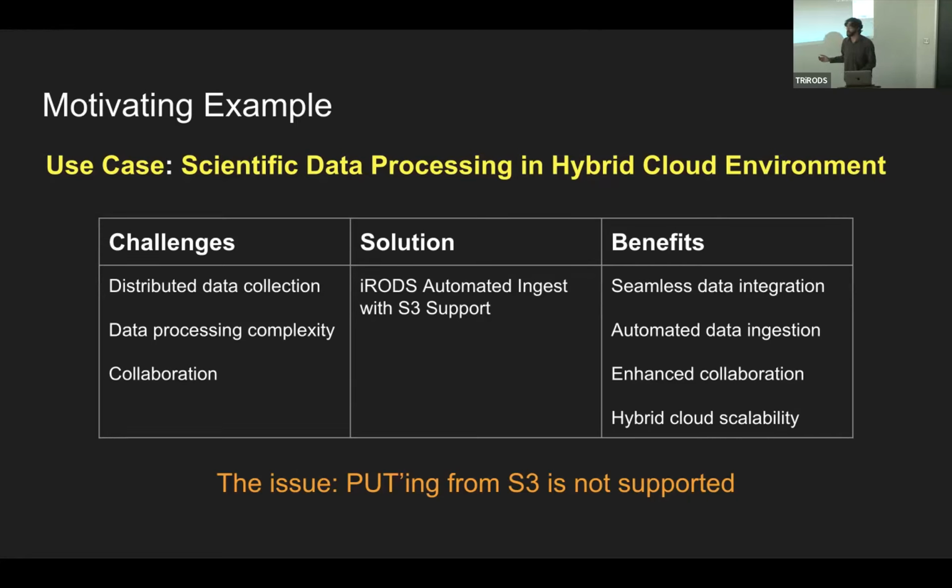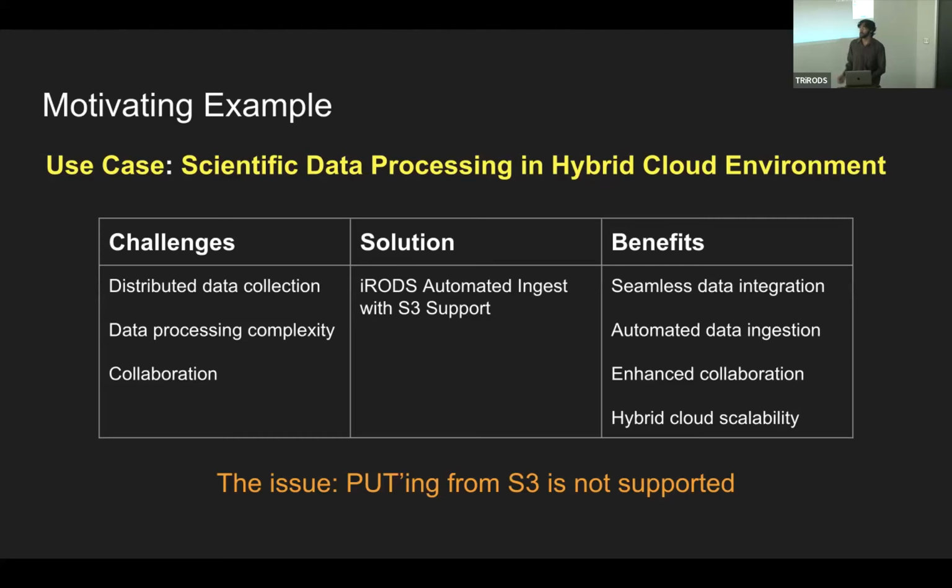The data from the sensors might be stored in on-premises data centers, or they might be stored in the cloud in Amazon S3 buckets. Integrating these different data sources to make it easy for your researchers to do their analysis is a challenging task. Another challenge is data collaboration and data sharing.